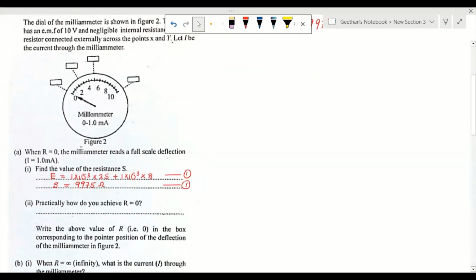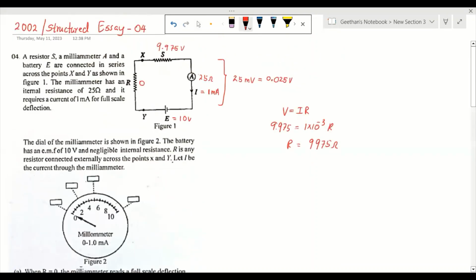Part 2. Practically, how do you achieve R equals 0? They're asking how we achieve that this R is 0.